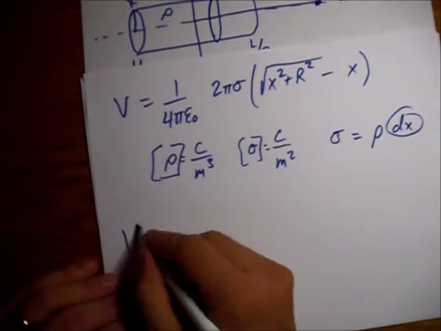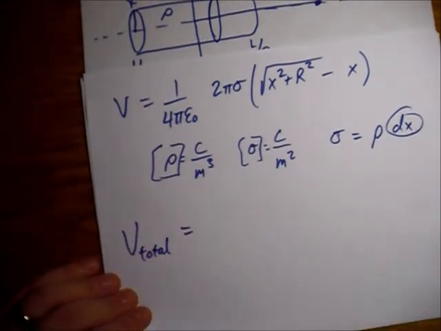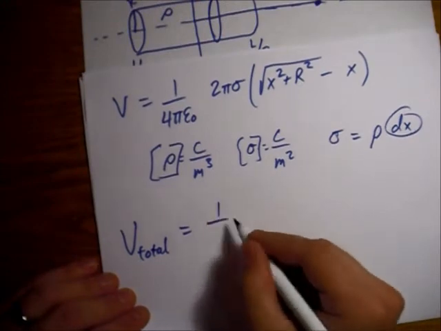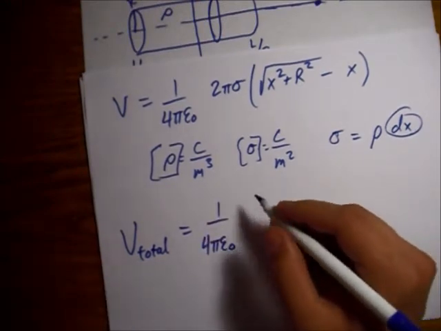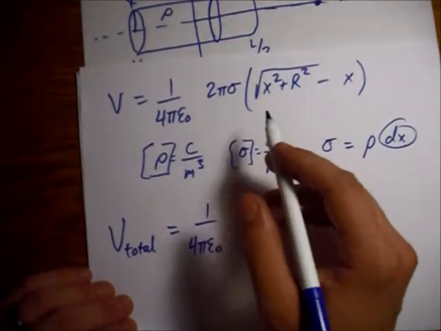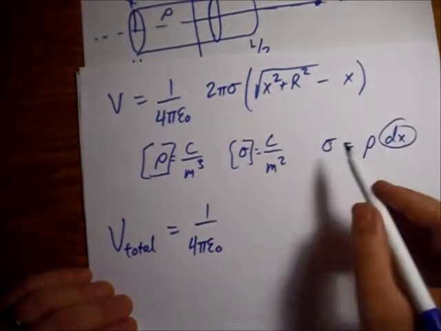So V total for the cylinder, let's write out our integral. I don't think I'm going to actually do this integral. I think I'm just going to look it up, Wolfram Alpha or Mathematica or something.